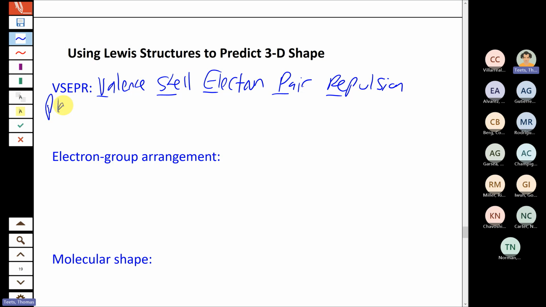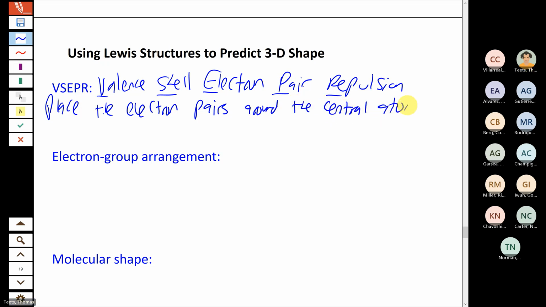So you're just going to place electron pairs, and I'll say electron pairs because that's how it's really done, each pair of electrons counts as one group. So we place electron pairs around the central atom as far away from each other as possible.